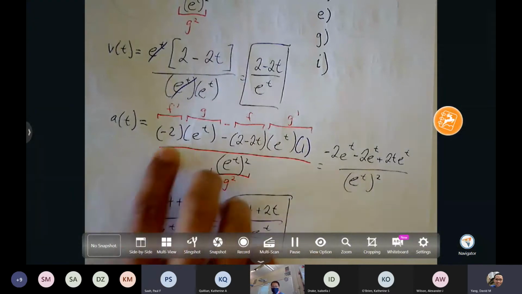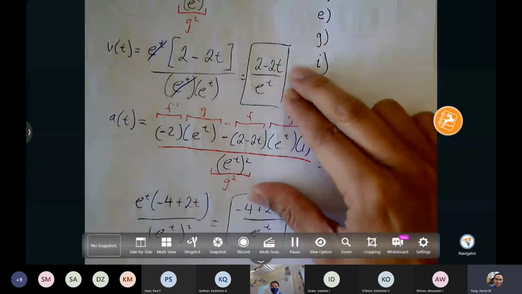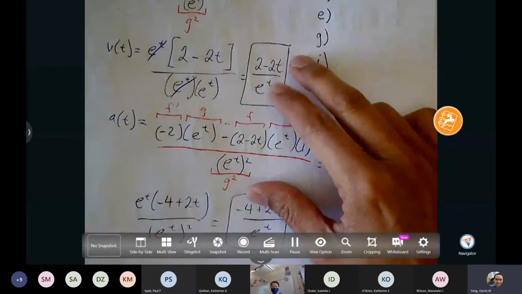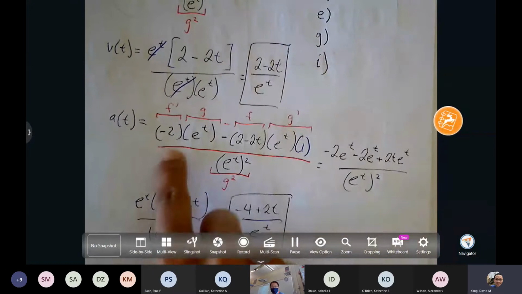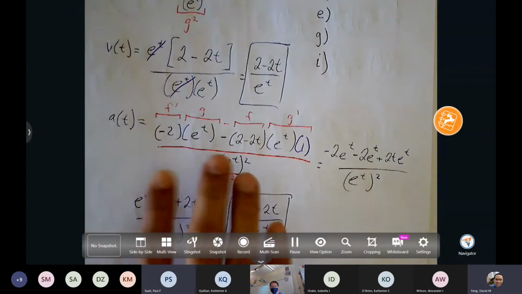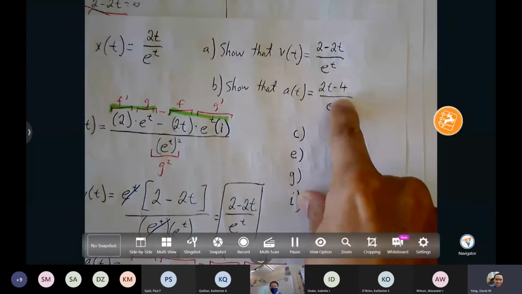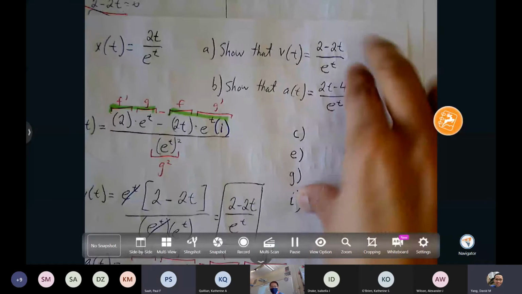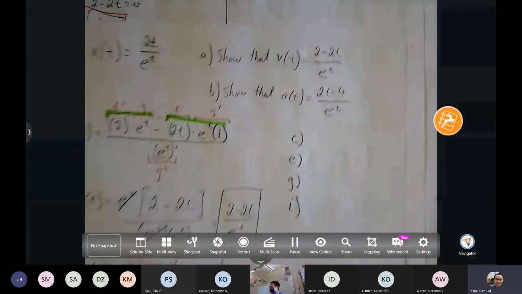The reason is because we're starting with the velocity function, so we're doing f prime g minus f g prime. 2 minus 2t's derivative is going to be -2. Were you looking at the acceleration function? Yeah. So we're not starting with this. We're starting here and moving from here to here. Okay, thank you. We want to end up at that answer.